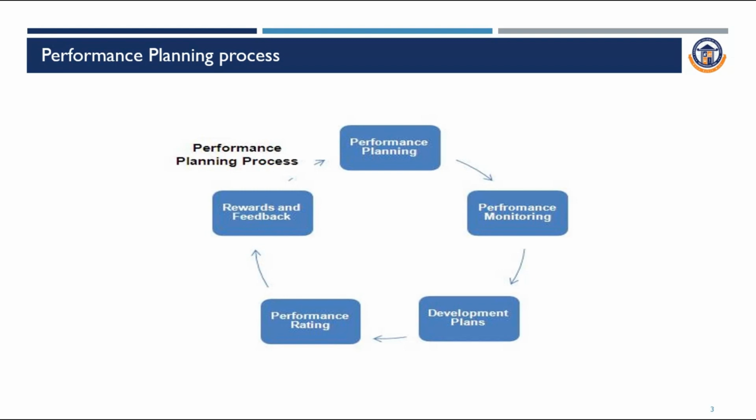The objective is a statement of intent that states what the superior expects from the employee to accomplish, and how, why and when. So this is the main process, performance planning.